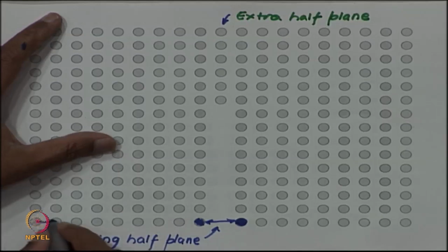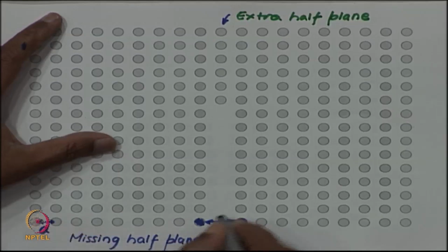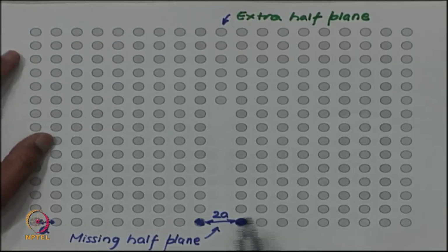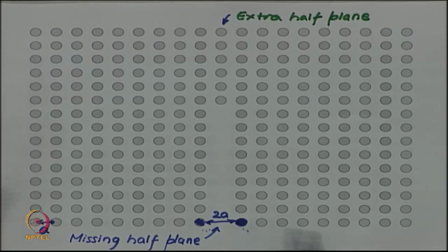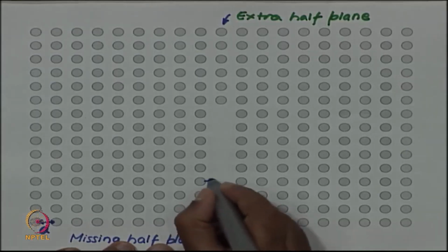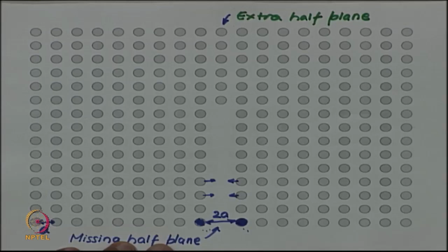So, if the normal spacing is A, this has become 2A. So, this configuration will not be stable, because these bonds have been stretched to twice their normal length, and so they will like to come together. These atoms, due to their normal attraction, will like to come together.